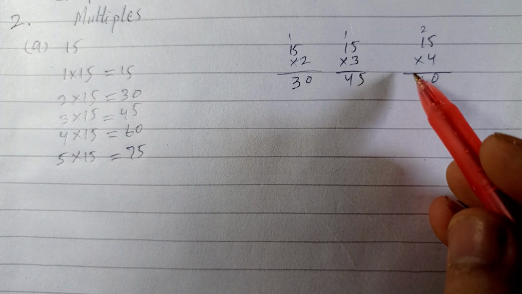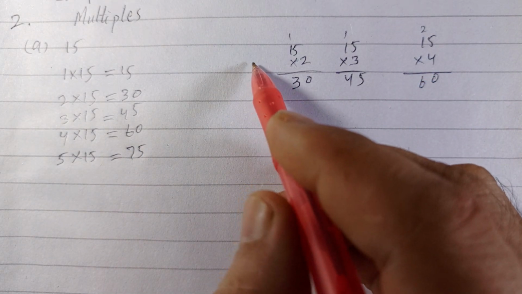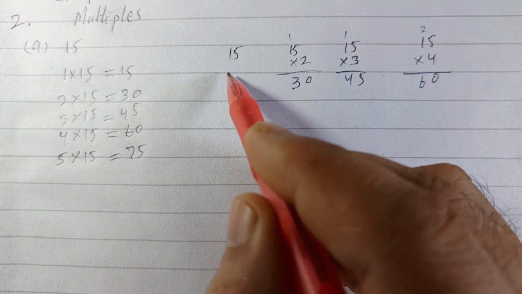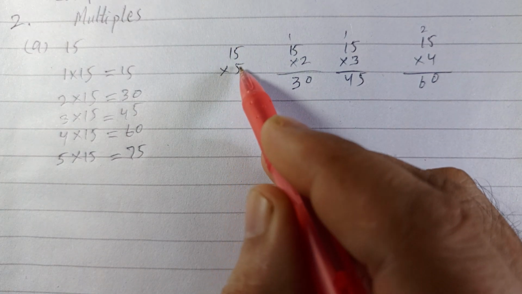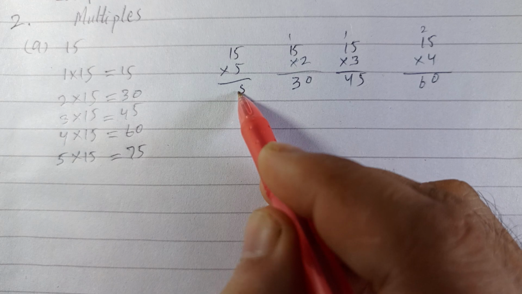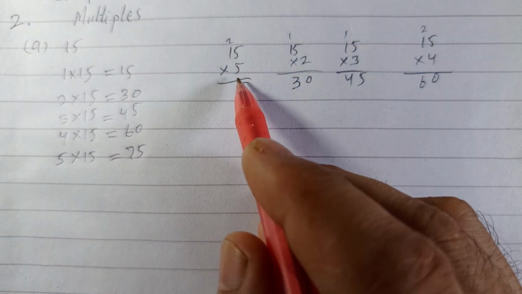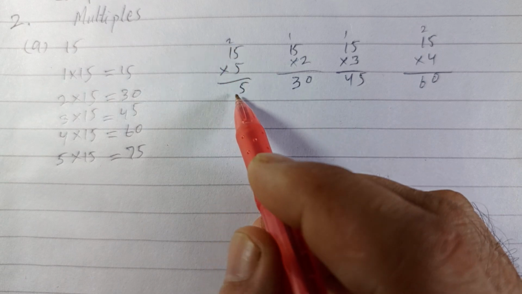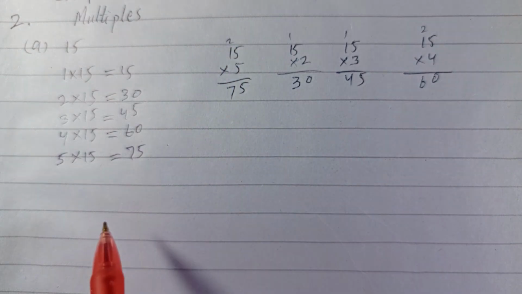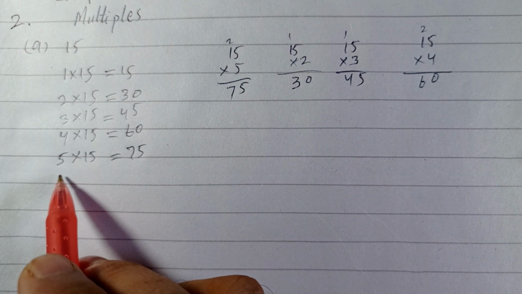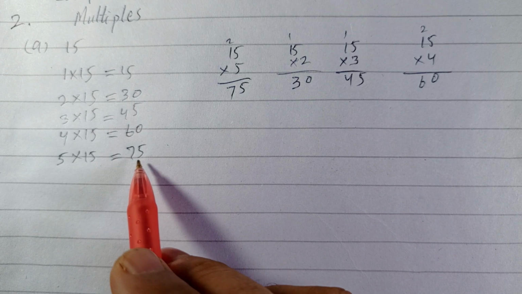And if you don't know, then you can multiply here 15 by 5, 5 5s are 25, 5 here, 2 carry here and 5 1s are 5 and 2, 7, so 75 is the answer. So you can write 75 here.